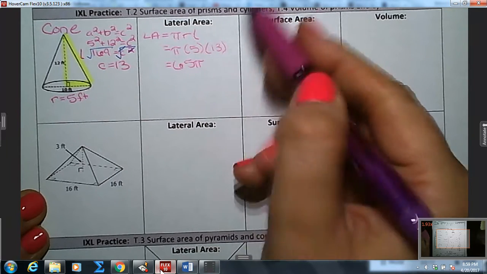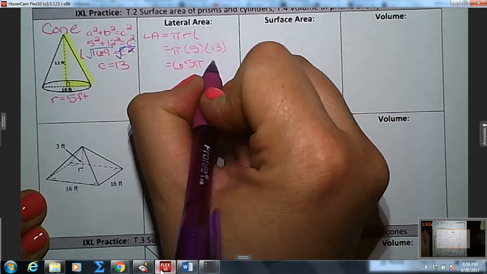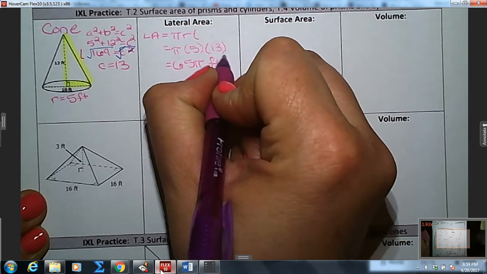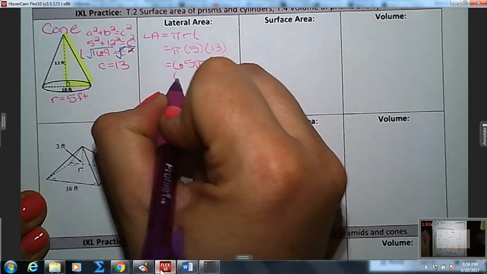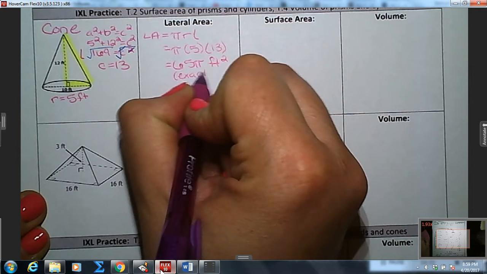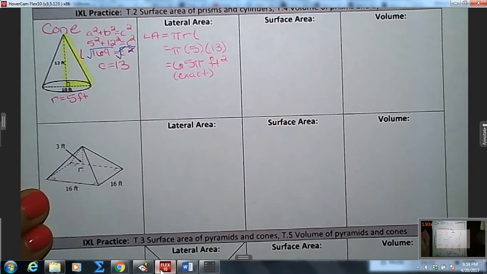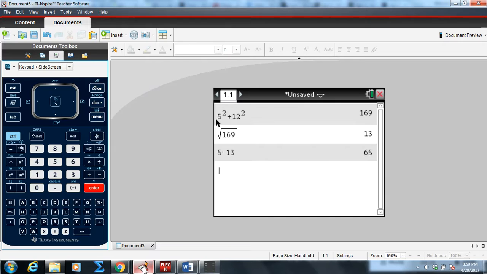And remember, we're working on area, so our units are squared. In order to get a rounded answer, we need to multiply 65 by pi. Our rounded answer is approximately 204.204 feet squared.